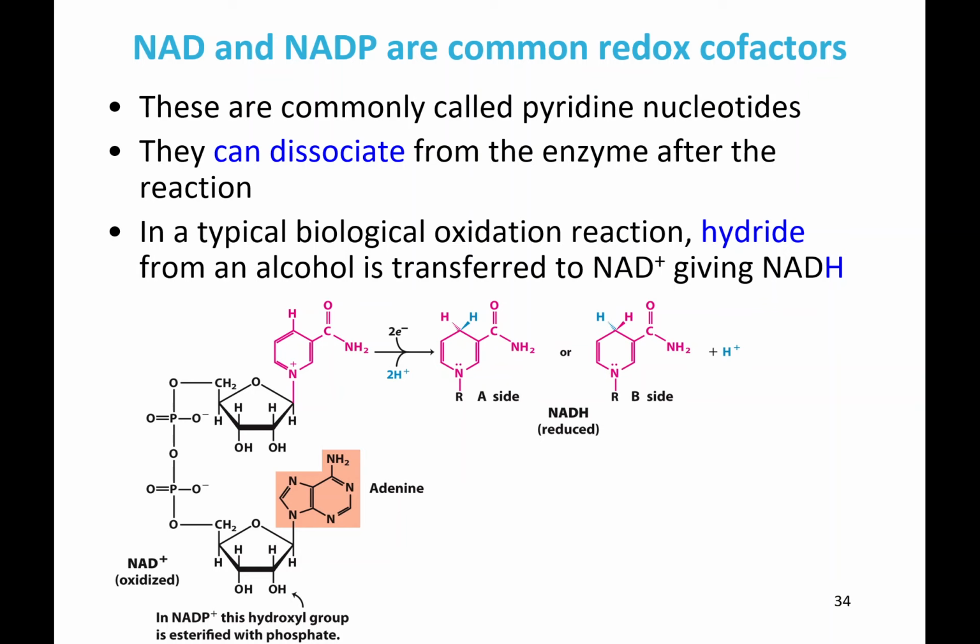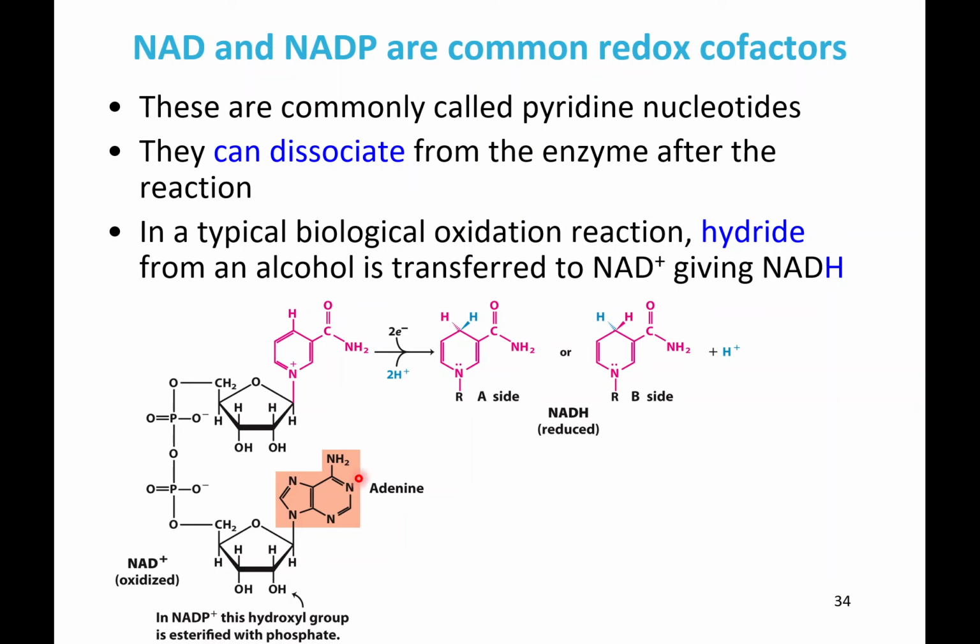So the reaction will take place. NAD and NADP will get reduced, and then they will leave the enzyme and go transfer their electrons to another molecule.